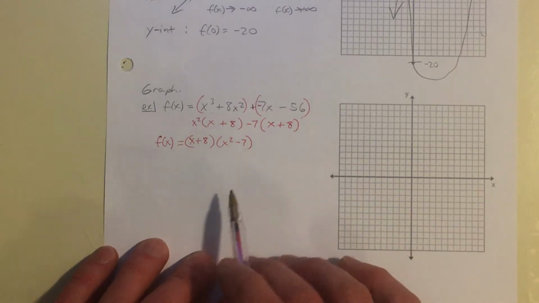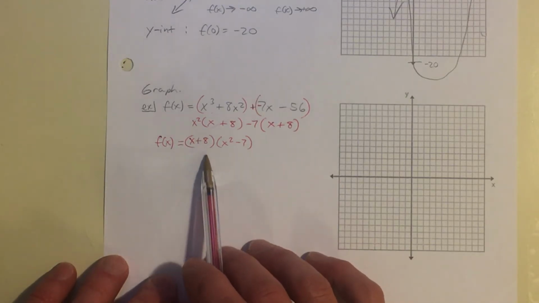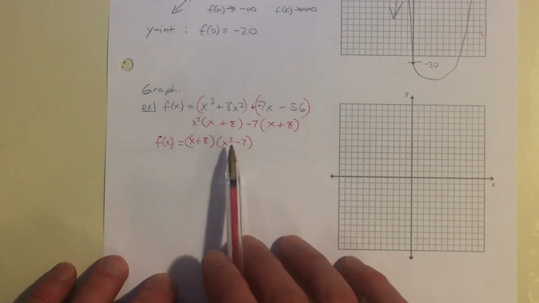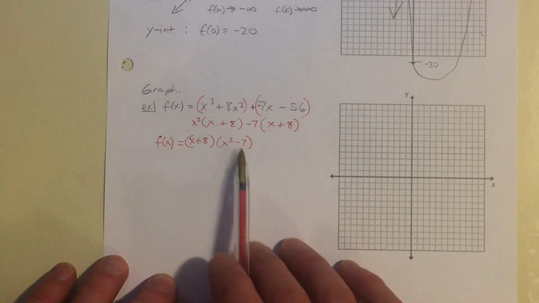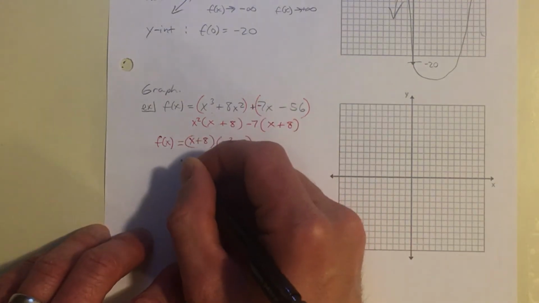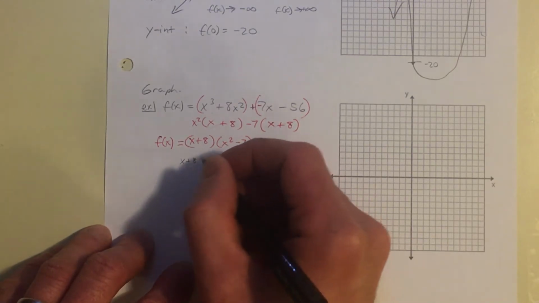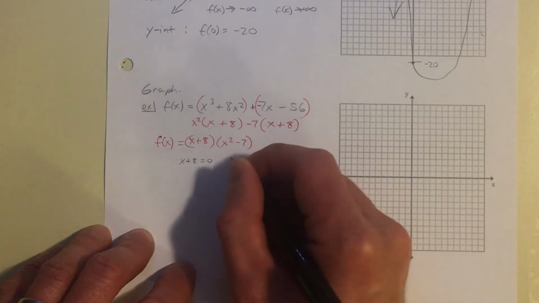Okay, now that it's in factored form, we get our zeros. Well, one of our zeros is going to be negative 8, no problem. But this 0 is not going to be 7, so take a look. When we get our zeros, we're actually setting each factor, doing the zero product property. We're setting each factor equal to 0.